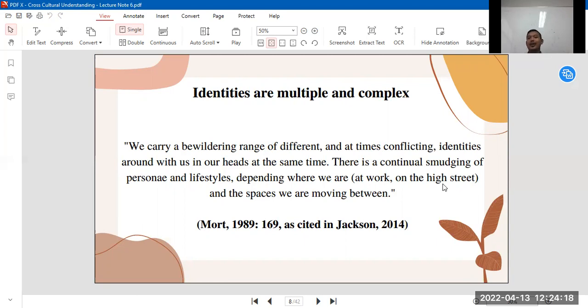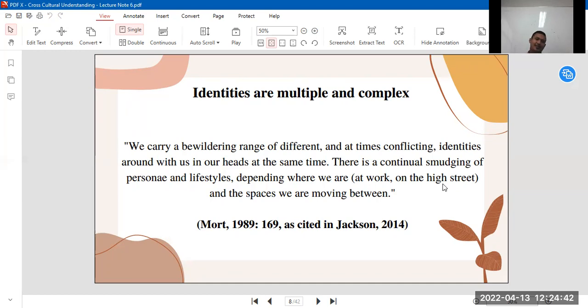Let's say we become a teacher or a doctor or other things. But then when we are at home, probably we become a husband, or a social part of the community, a leader of the community.